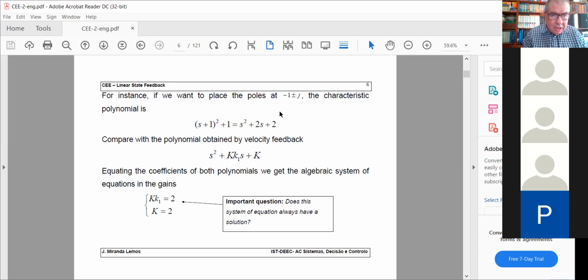So I equate the coefficients of the polynomial, and I get equations for the gains. Here I had that story of the common gain k. That's why there appears here a product of gains. But in general, I'm going to end up with a linear system of equations. So this is the method of unknown multipliers. Later we will see.